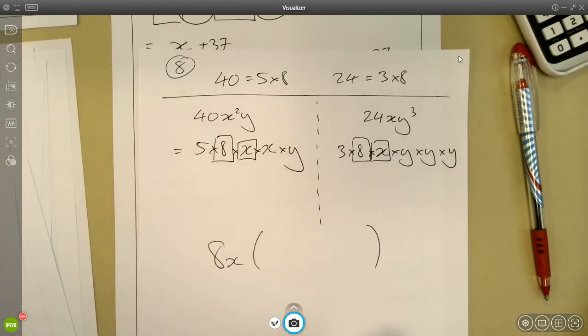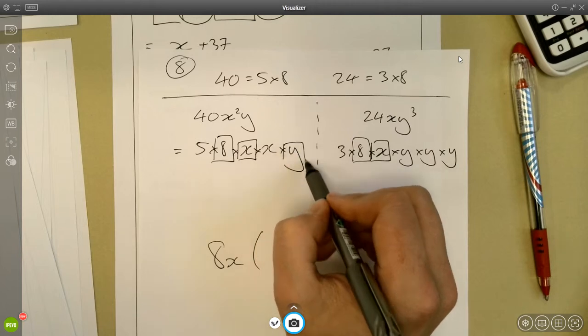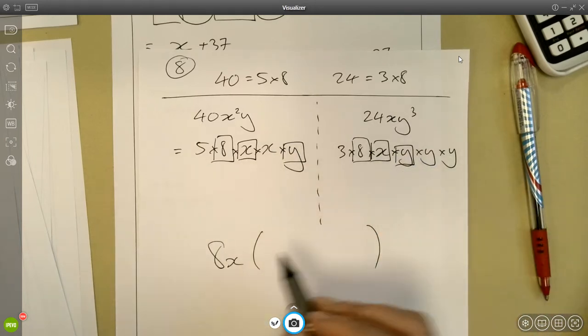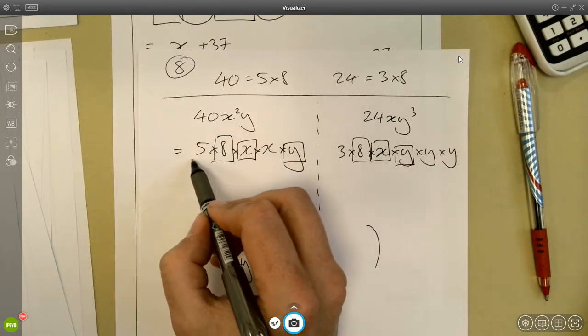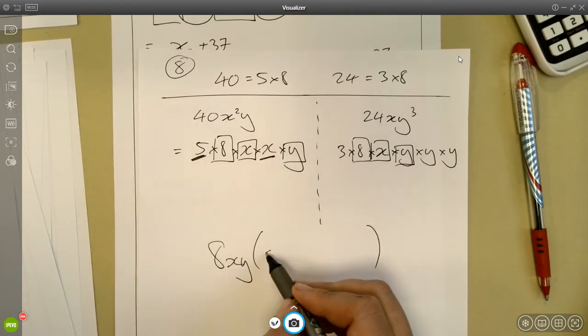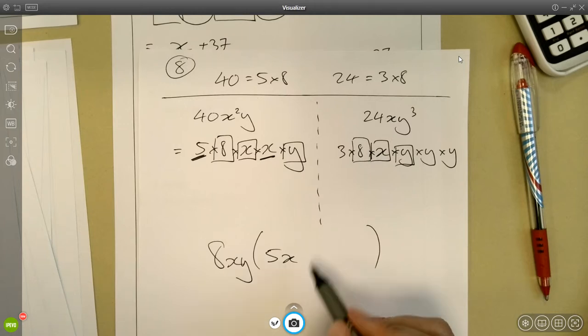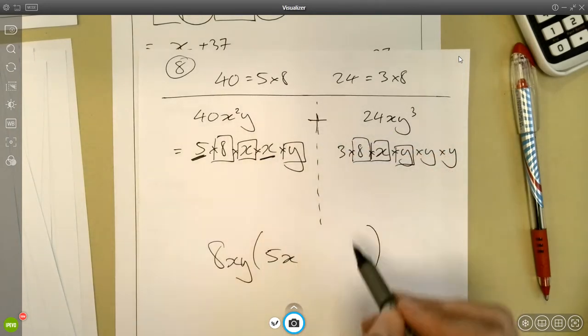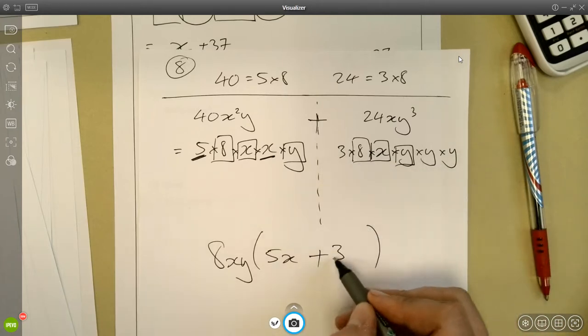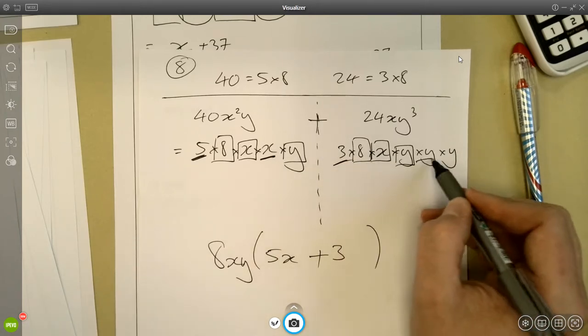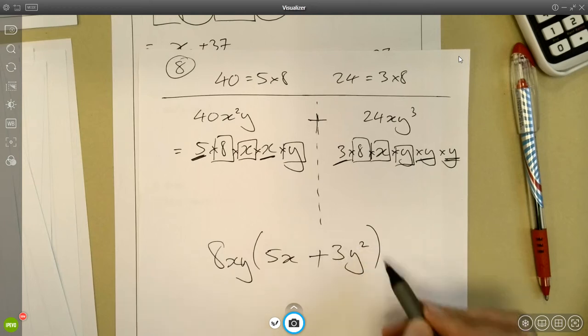That's going outside the bracket. And we've got a y on both sides. So that's going outside the bracket. Now all these other bits have to go inside. So we've got 5x. It was a plus question, so we don't have a plus in the middle. And think what's left over. Well, we've got 3y squared.